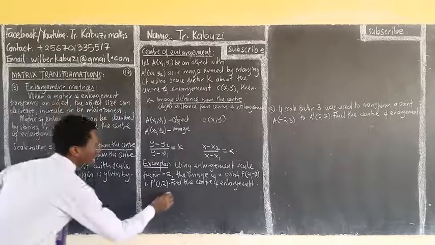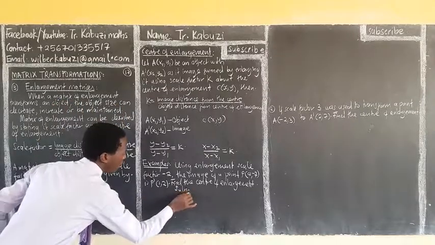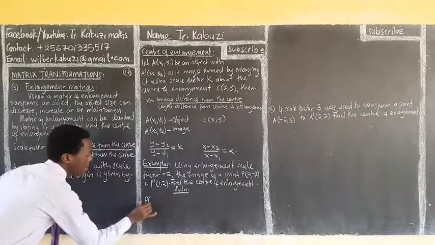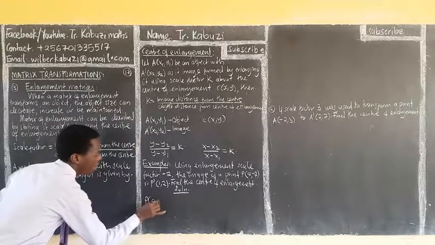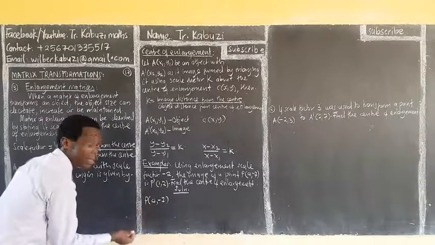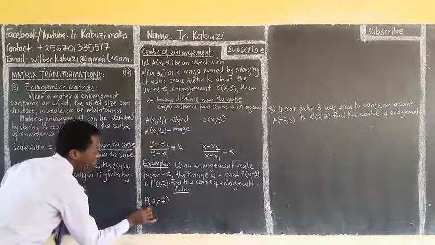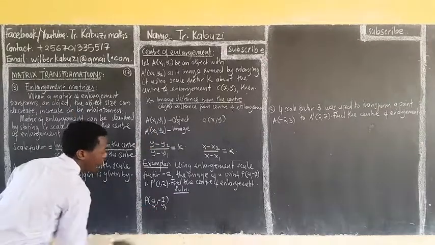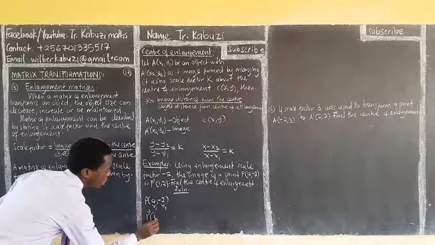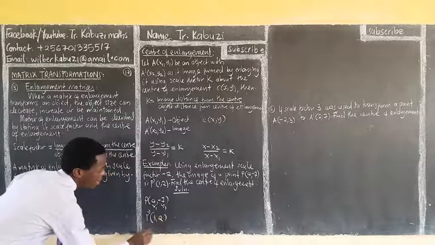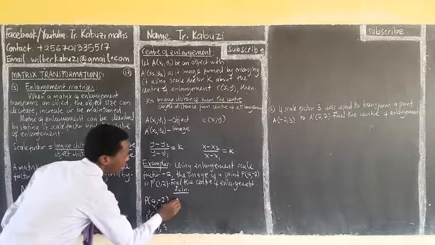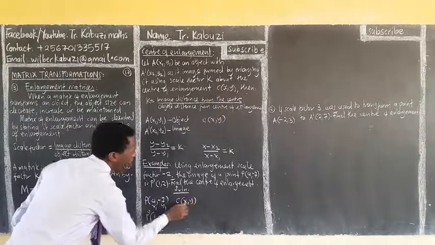In our solution, first of all, we know that P is the object (-7), so we let it be (x1, y1). Then P' is our image, which is (1, 2), so it is (x2, y2). Then our center is (x, y).